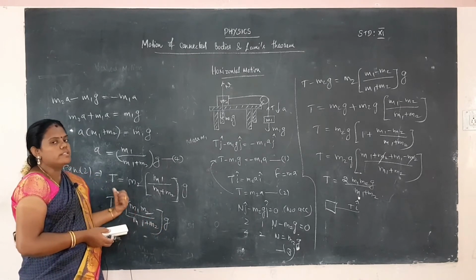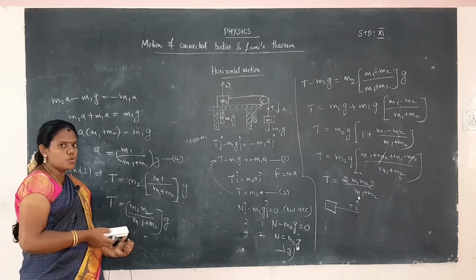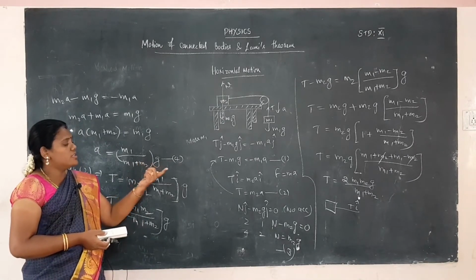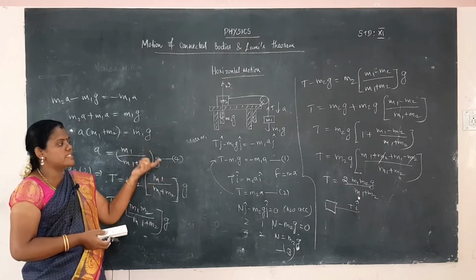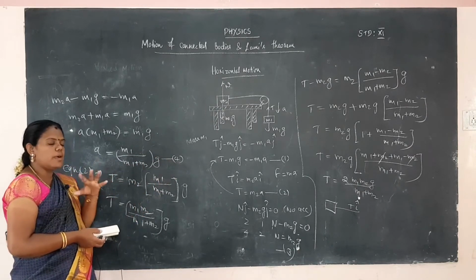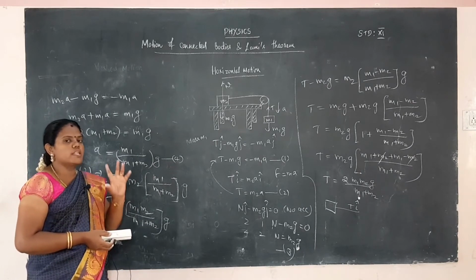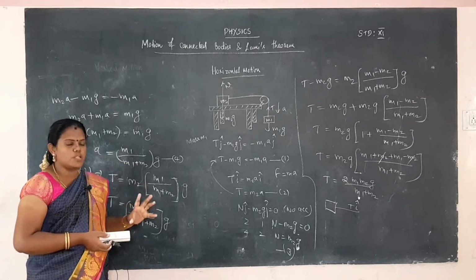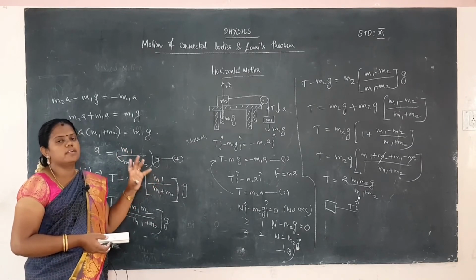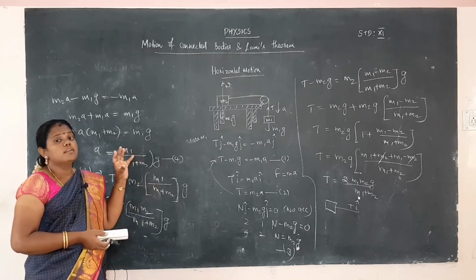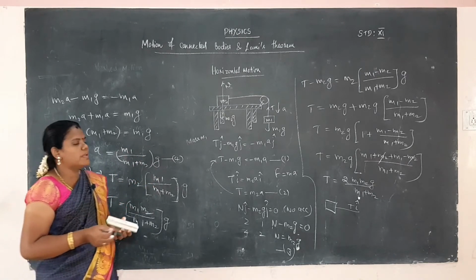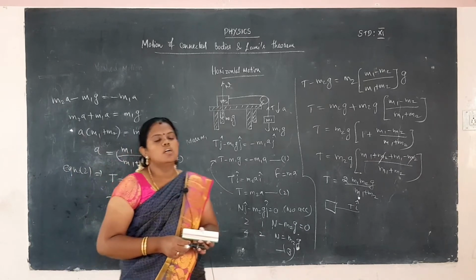So the tension in the horizontal motion will be half of the tension acting on the vertical motion. If you say it the other way around, the tension created in the vertical motion will be twice the tension exerted in the horizontal motion. Okay, clear? That is the complete derivation, so you have to learn it clearly.